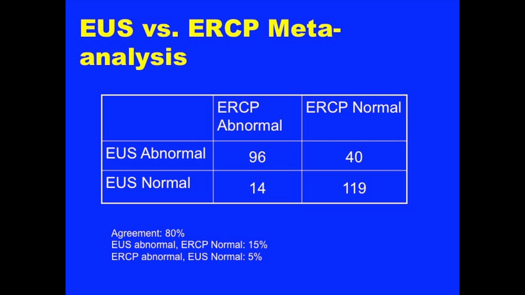There will be times when one test is normal and the other one is not, and then again, we have to argue about which is the gold standard. In terms of combined test, the overall agreement is about the same as ERCP, which is around 88%. There will be times when one of these is out of sync.